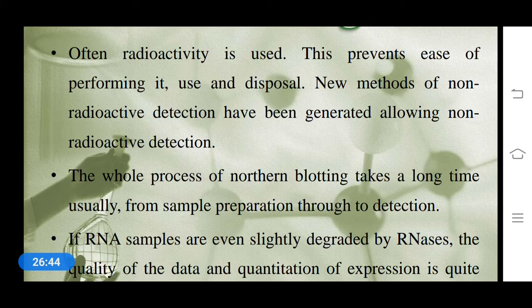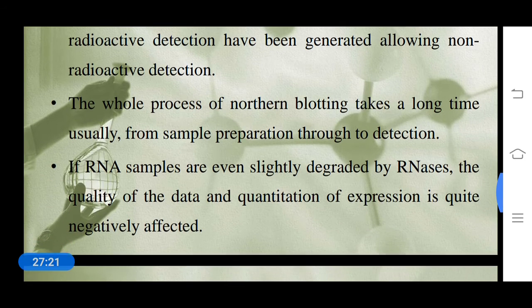The whole process of Northern blotting takes a long time, from sample preparation through the detection process. It's a time consuming method, both for sample preparation and for detection.